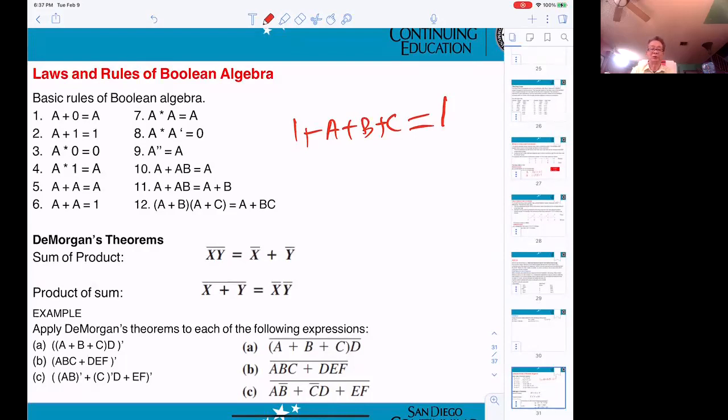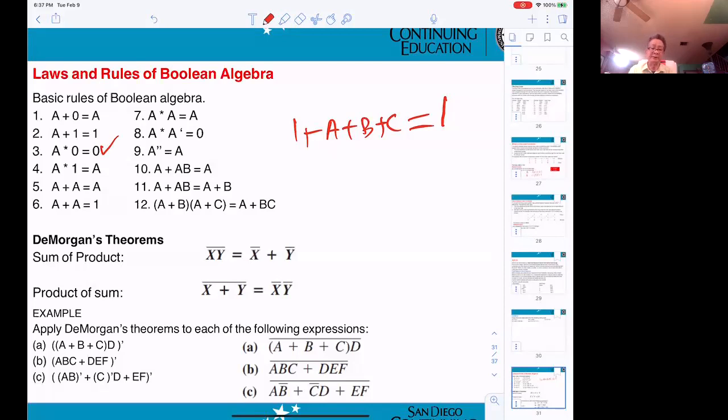So anything connected to 1 means you connect to 5 volt. So 1 adding to A or B or C or D, it will still be 1. A times 0 is 0. Anything times 0 will be 0 anyway.